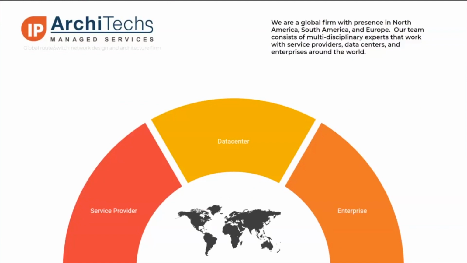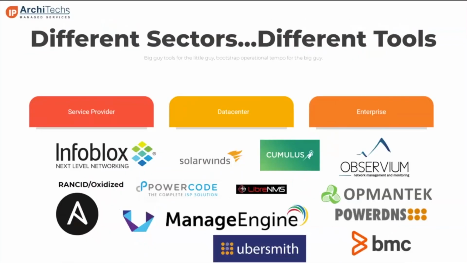It's important to understand our different levels of exposure across these sectors, because we are in a unique position, as a team, of having insight into how service providers, data centers, and enterprises work, the different tools that exist in all of those ecosystems, and how they might work together.